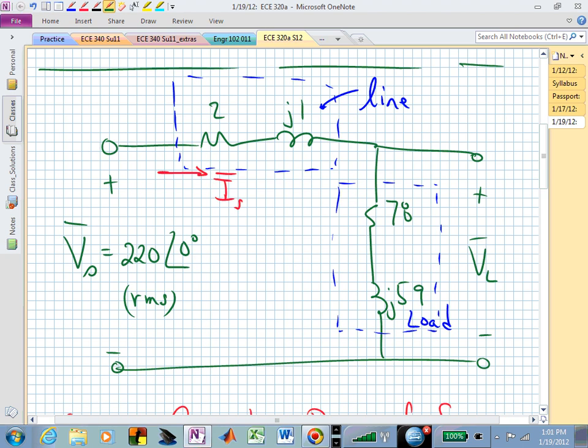It's positive V sub L bar, I sub S bar star, absorbed. If it turns out that some of your numbers are negative, then you know that that's actually a piece that's supplied. But in this case, we would anticipate that this would all be absorbed power.